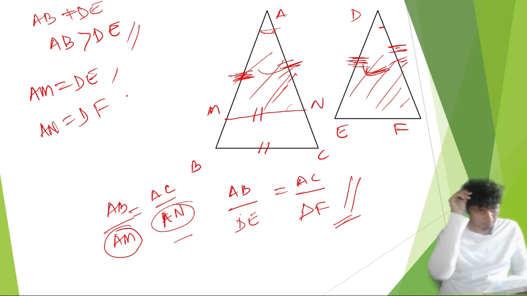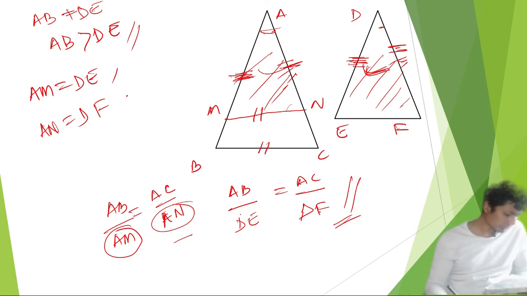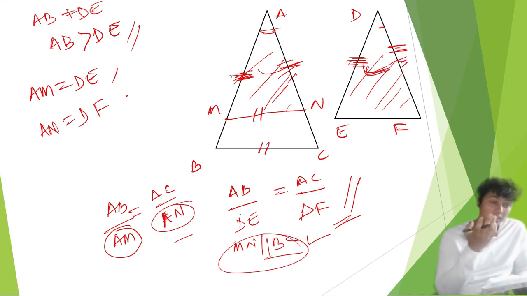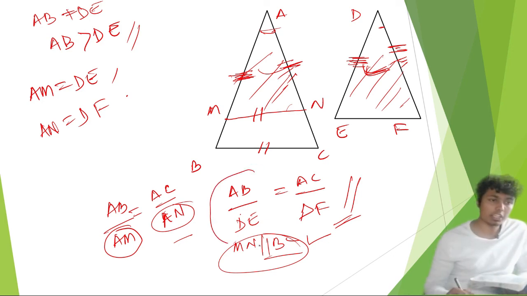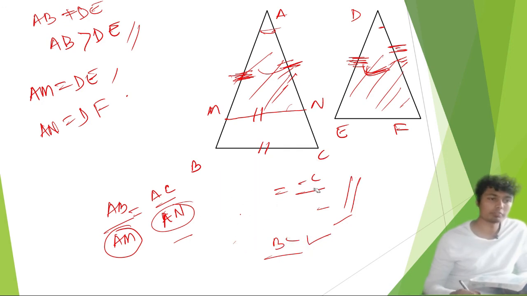Now we have shown already that MN is parallel to BC by the converse of the basic proportionality theorem. This statement is already given in the textbook.